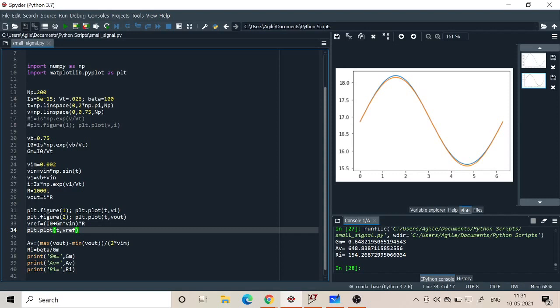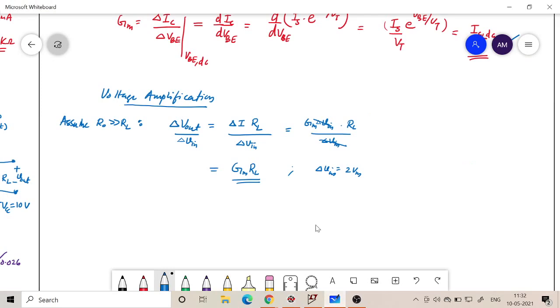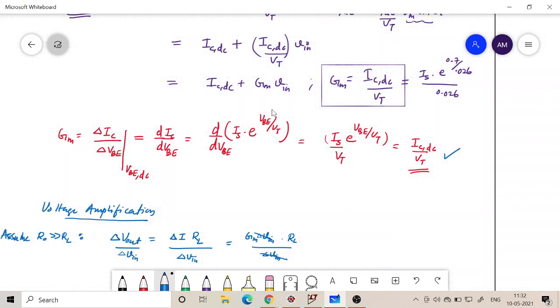So what is the linear approximation? It says that this one is the reference: I naught plus GM into Vin, into R. So this is my linear approximation.